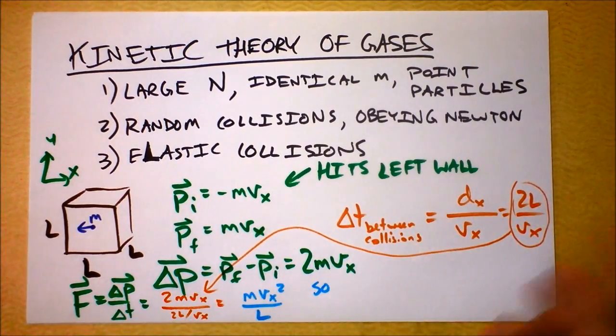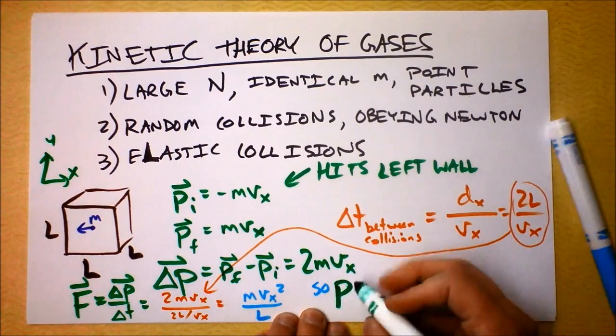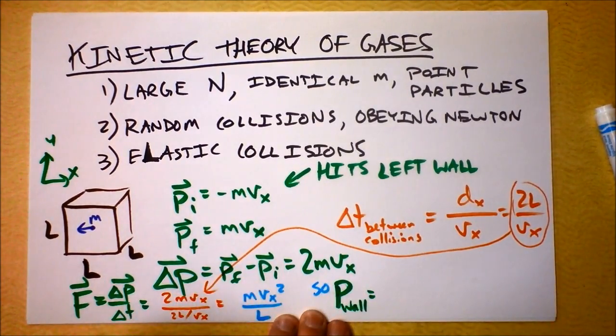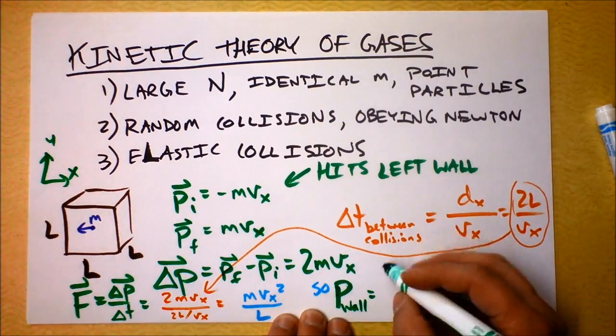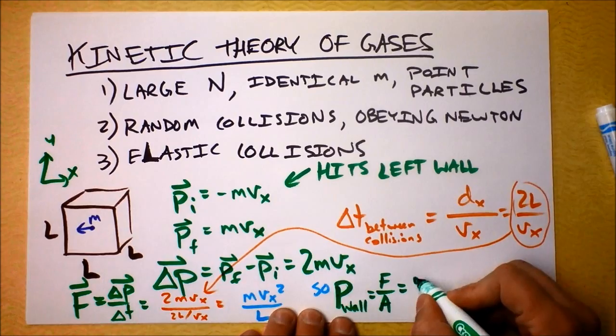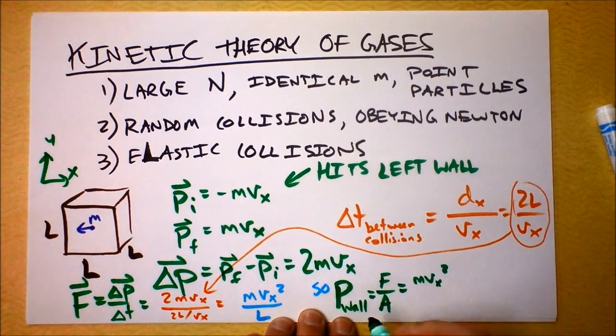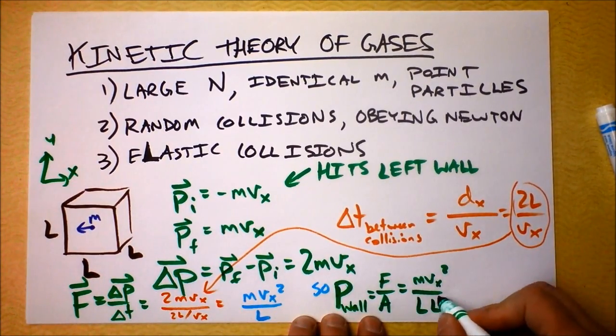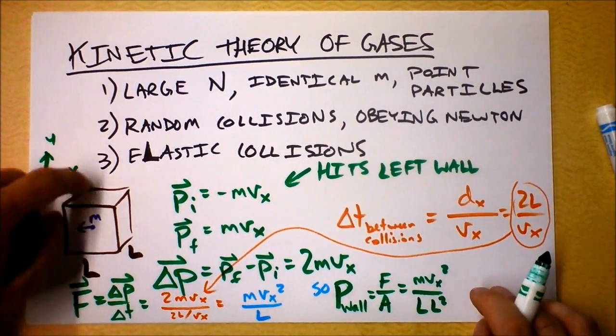So, let's go back with green again. Pressure on the wall is that force divided by area. So if I take that force, which is m vx squared over L, and then divide that by area, that's L squared, the area of that wall right there.